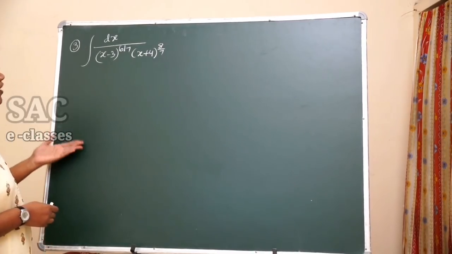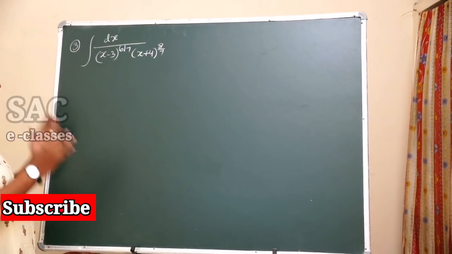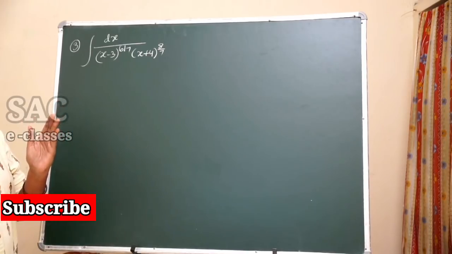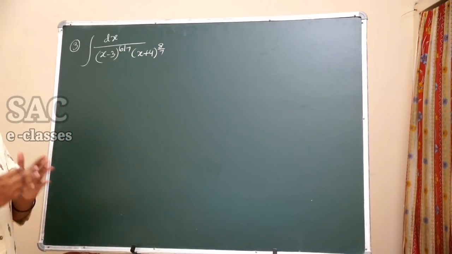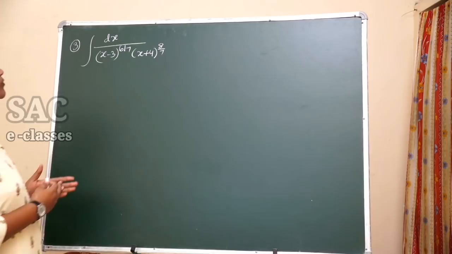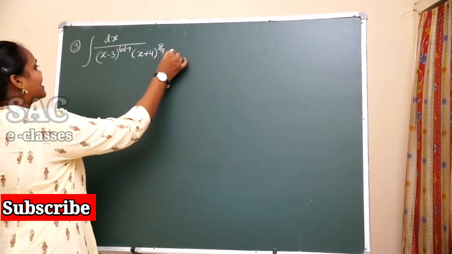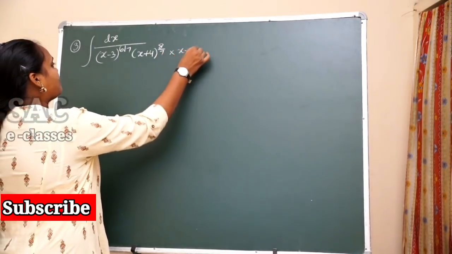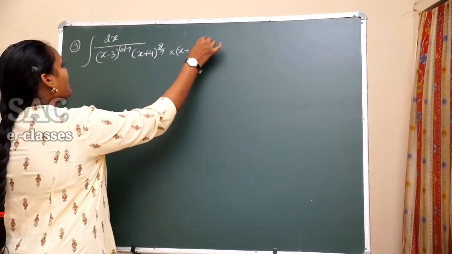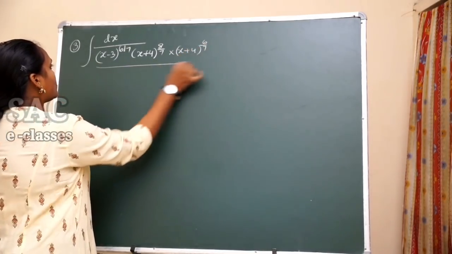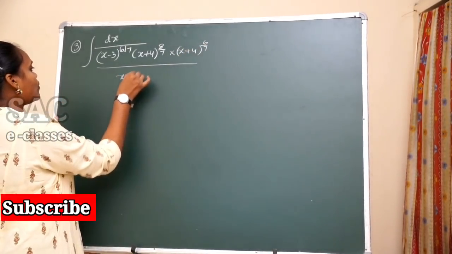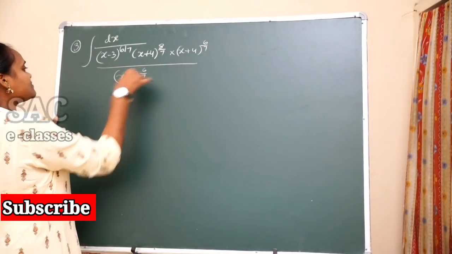So what you are going to do here is make one of the powers an integral power and one a fractional power. So I am going to multiply by (x plus 4) whole power 6 by 7 and divide by (x plus 4) whole power 6 by 7.